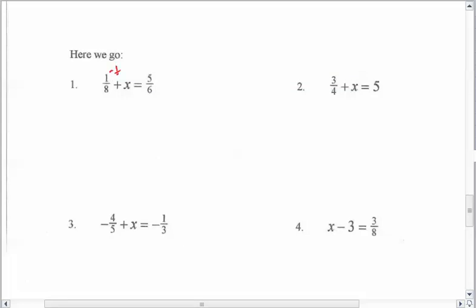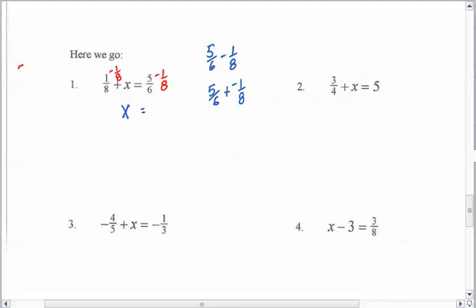So I'm going to subtract an eighth from both sides. This means x is 5/6 take away an eighth. That means 5/6 plus negative 1/8. That means that I need to do the 3 steps. A positive plus a negative, I'm going to subtract. Which is larger? Well, 5/6 is larger.